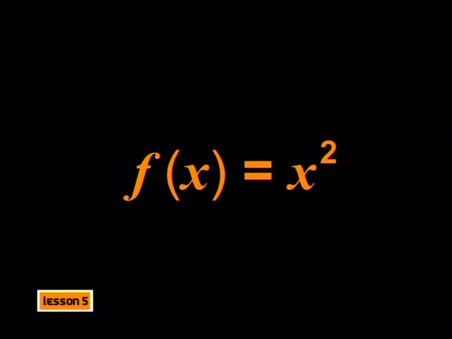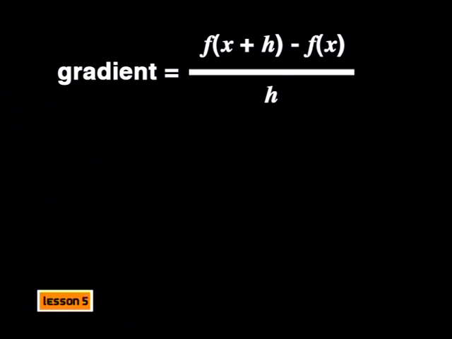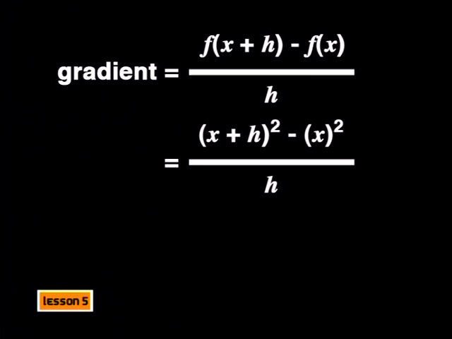What I've just written there is a very important relationship in calculus. We will see it a lot in the future. Now let's think about what we have found in relation to the function we've been dealing with, the function f(x) equals x squared. Since f(x) equals x squared, the top line of this gradient becomes (x plus h) squared minus x squared.